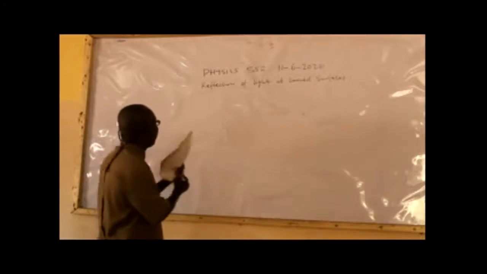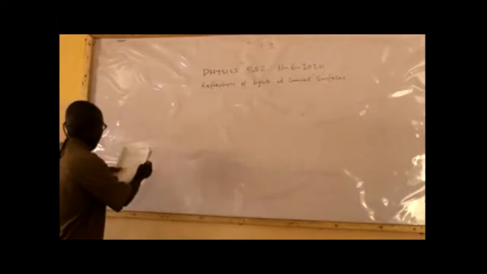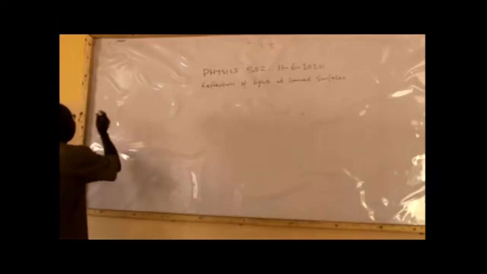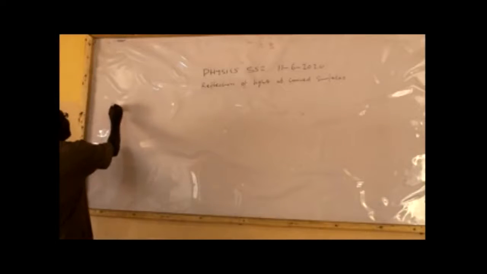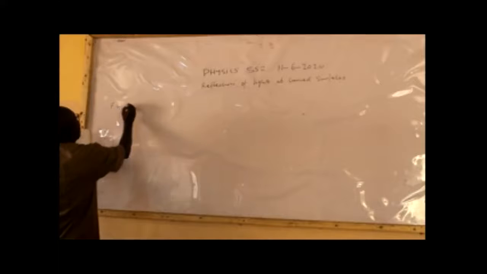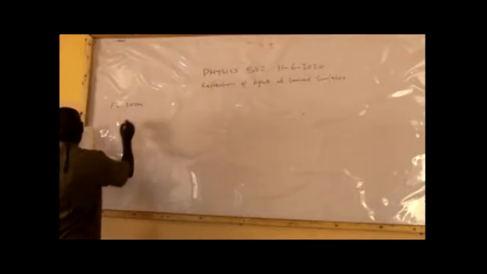The question is: a concave mirror of focal length 20 cm is used to produce an image twice the size of the object.